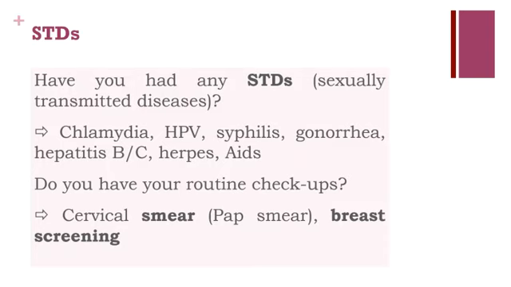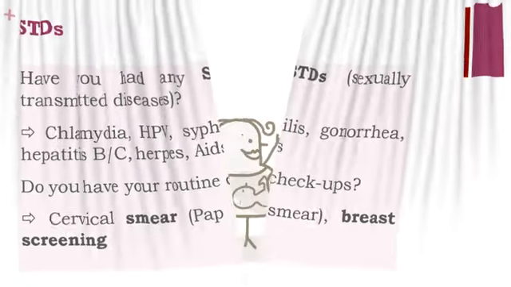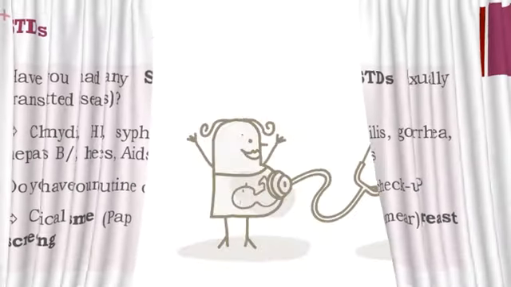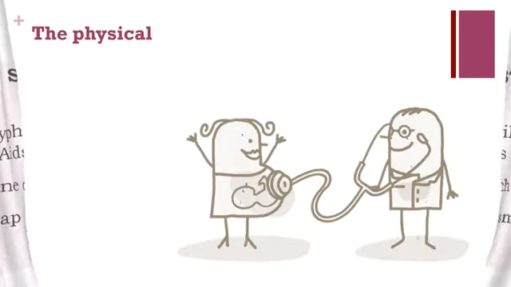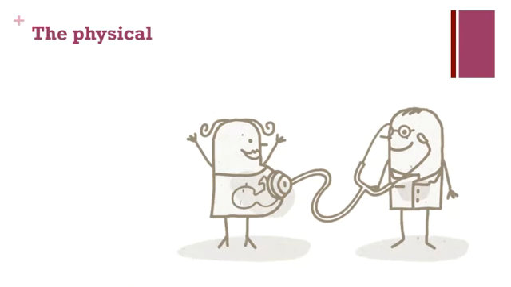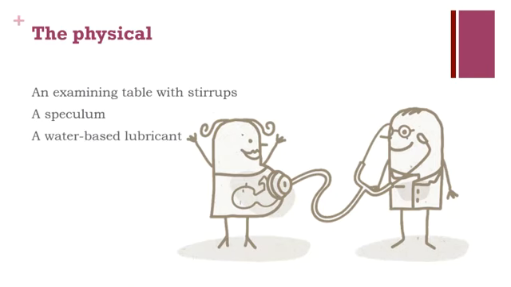Now, let's review the main steps of the physical examination. To perform a physical, you will need an examining table with stirrups, a speculum, lubricating jelly, and gloves.